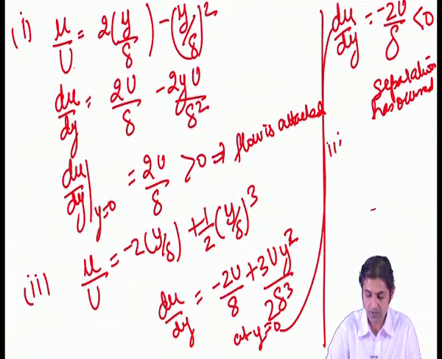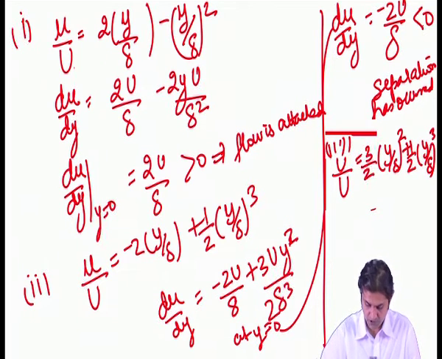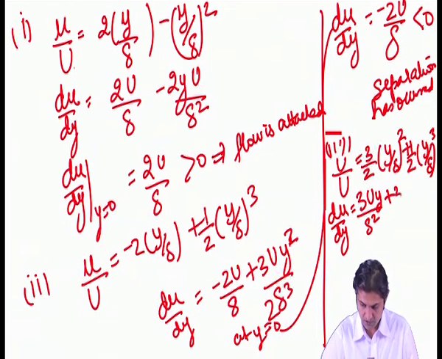In the third problem, u/U is 3/2 (y/δ)² plus half (y/δ)³. So this du/dy is going to be 3uy/δ² plus 3uy²/2δ³.